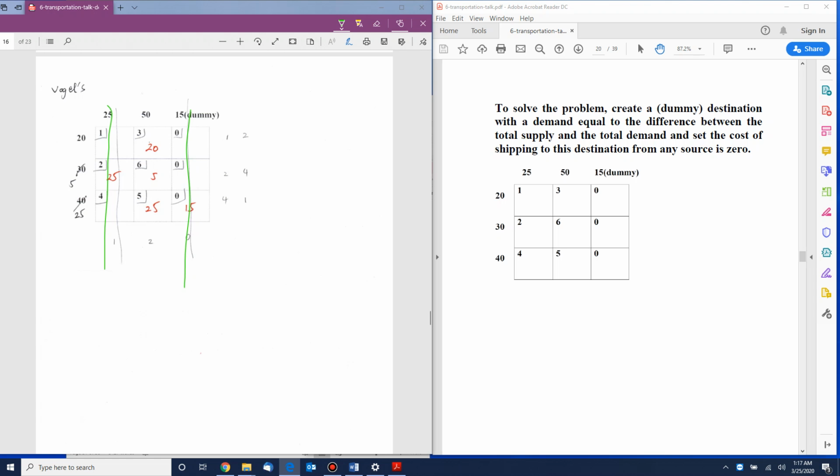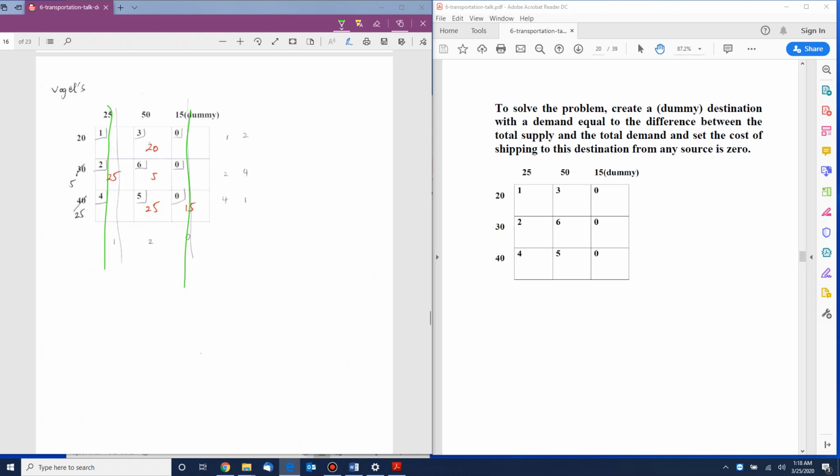This column is done. Now we fill all the rest into the second column: 20 in cell 1,2, 5 in cell 2,2, and 25 in cell 3,2. We finish it, right?